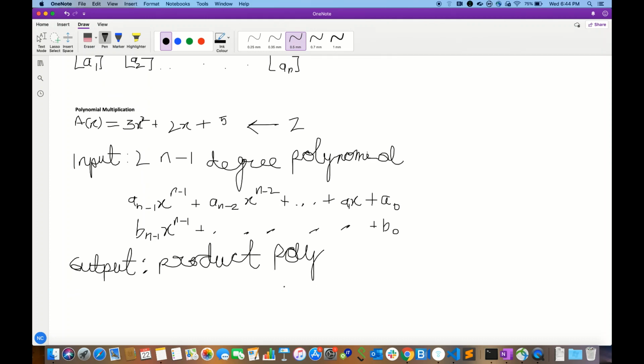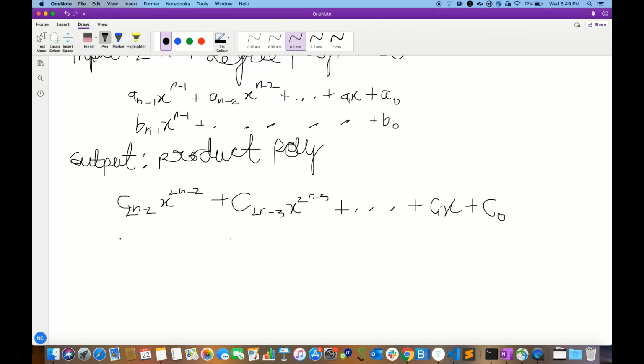The product polynomial might look somewhat like c 2n minus 2 x to the power 2n minus 2, plus c 2n minus 3 x to the power 2n minus 3, and it goes to c1 x plus c naught.